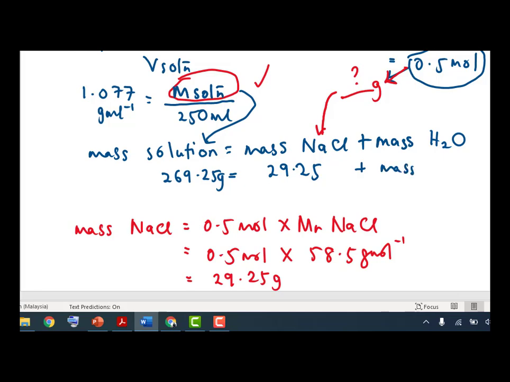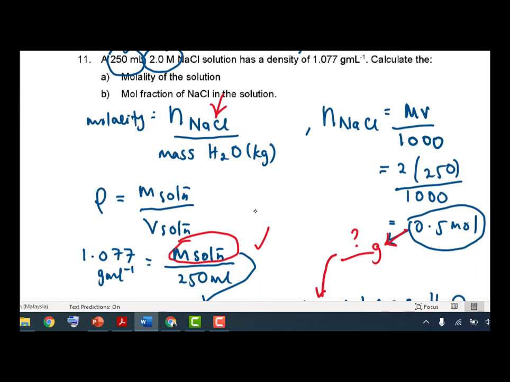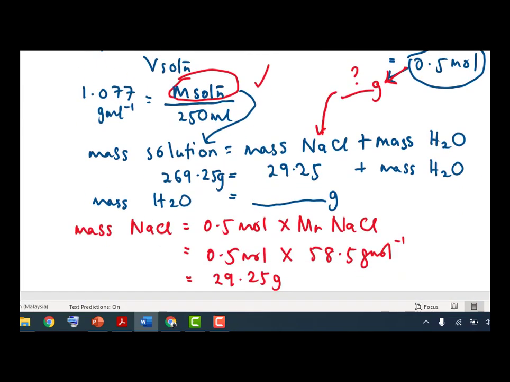So what is the mass of water? It will be here. Then you calculate the mass of water, the mass of your solvent. Then what to do next is to make sure you convert it into kg. Why do we have to convert into kg?